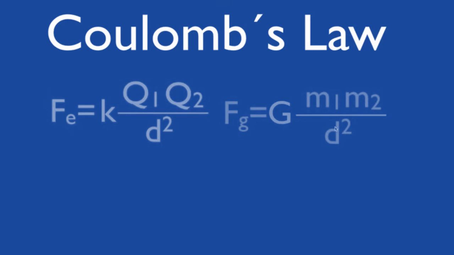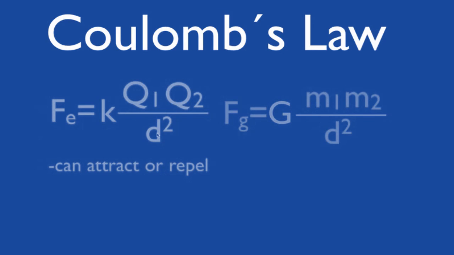So the gravitational force is G m1 m2 divided by the square of the distance. In this case it is k q1 q2 divided by the square of the distance. So you can see those are very similar to each other, even though the objects are very different.